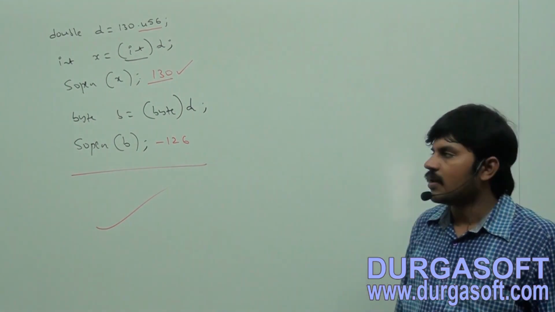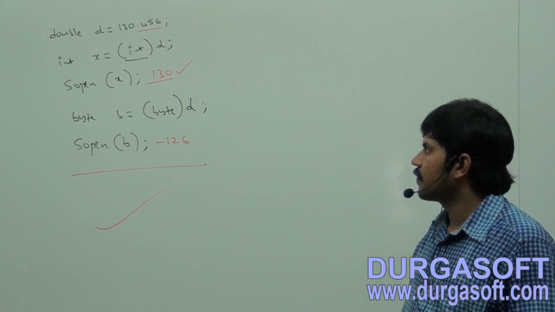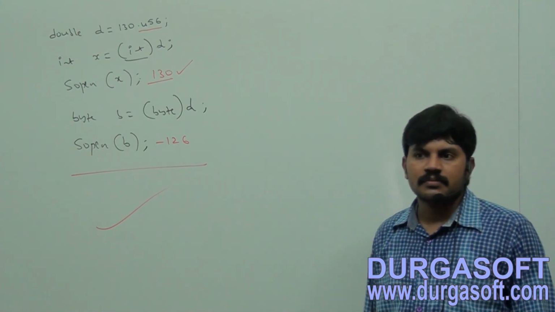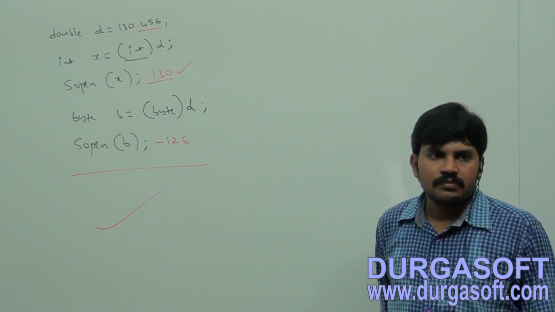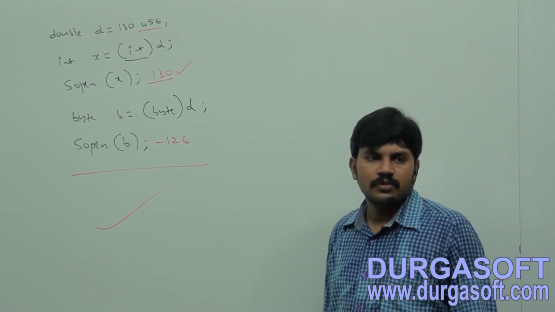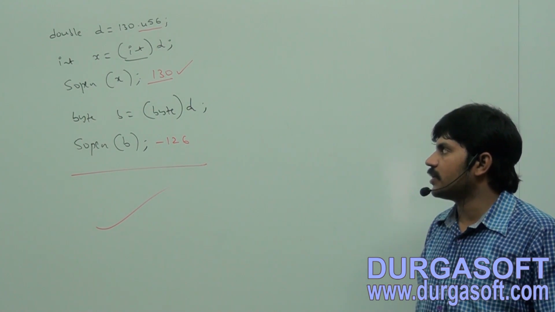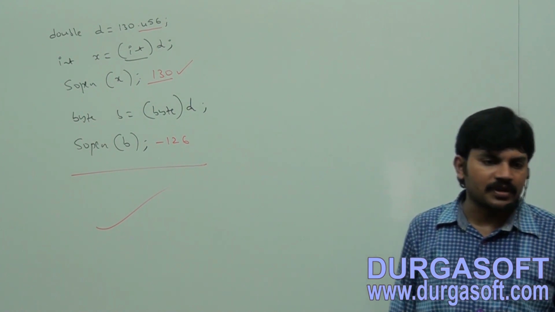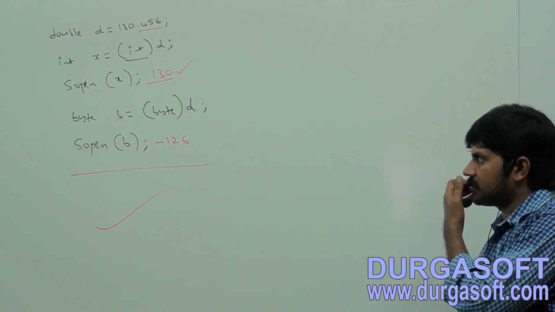Take this example. Double D is equal to 130.456. int x is equal to int of D, SOP of x.